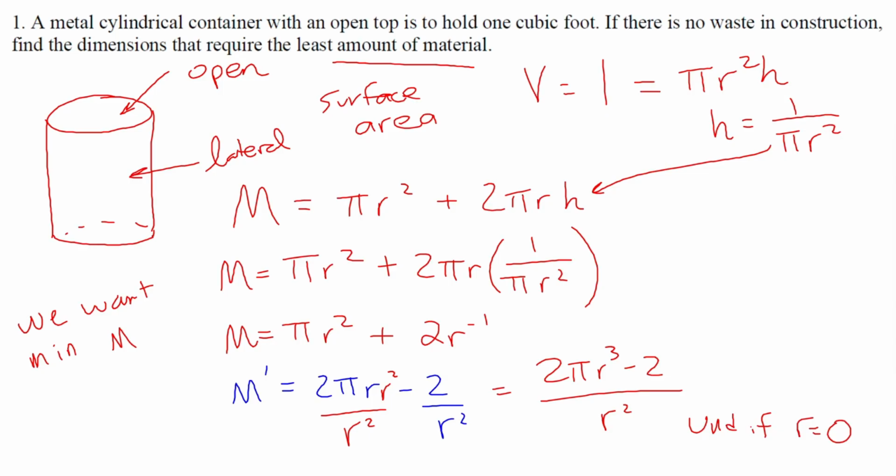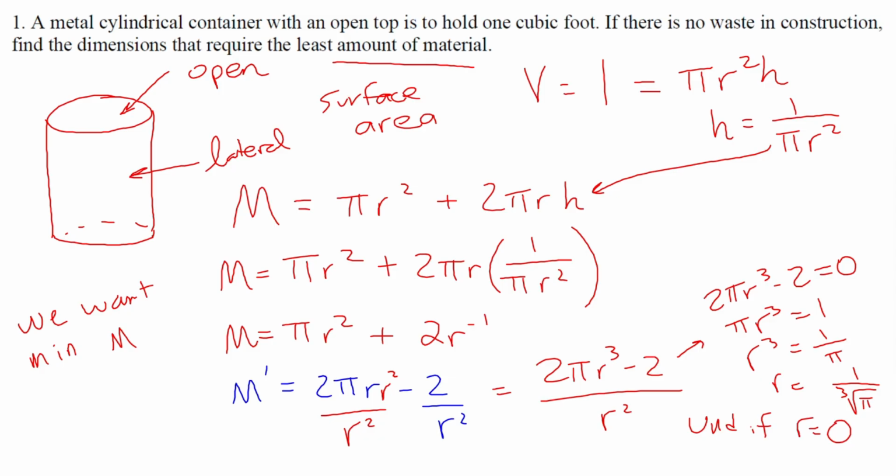So really what we care about is when does 2 pi r cubed minus 2 equal 0? Well, if I add the 2 and divide by 2, we get pi r cubed equals 1. R cubed equals 1 over pi, or r is 1 over the cube root of pi.